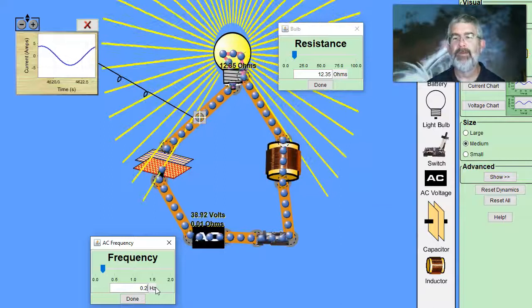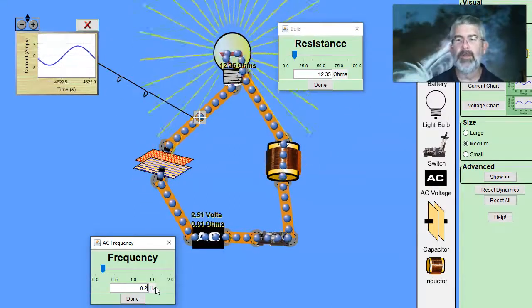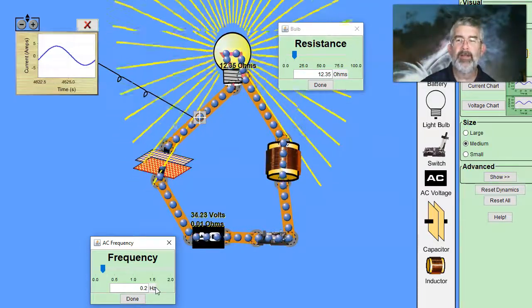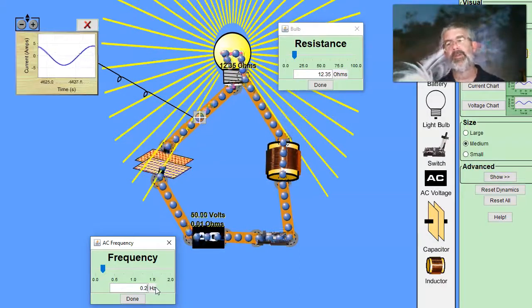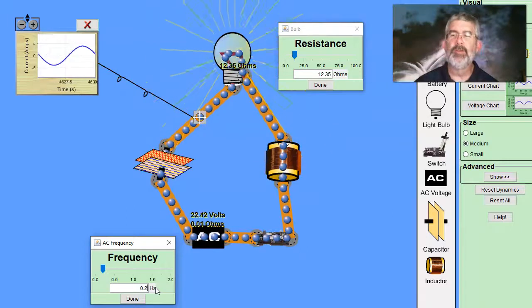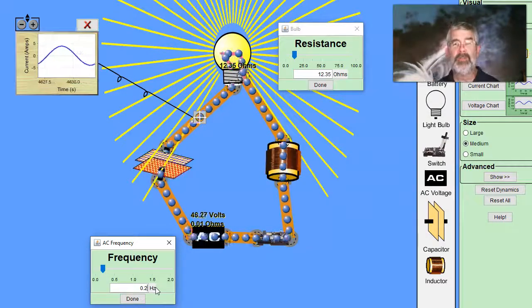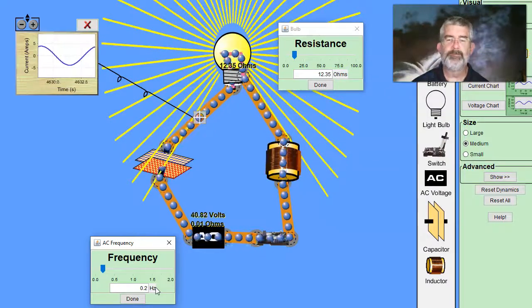And what happens is that you've changed the natural frequency of the inductor and the capacitor working together, and you're either going to be driving that light bulb a little harder than it needs to be driven, or a little less than it needs to be driven. So you're going to be getting too much light out of it, which is going to burn it out too fast, or it's just going to seem dim because it's not getting enough amperage to it.